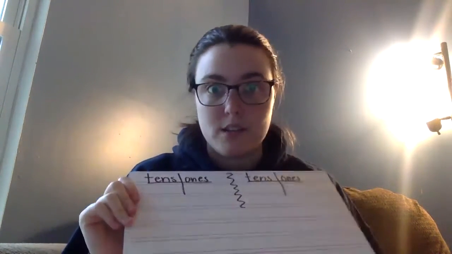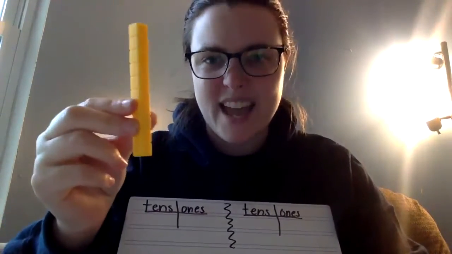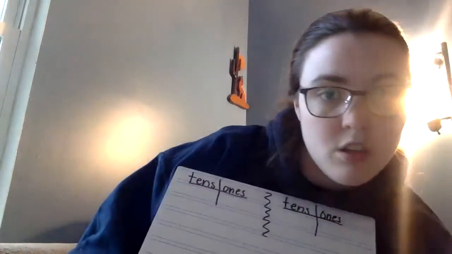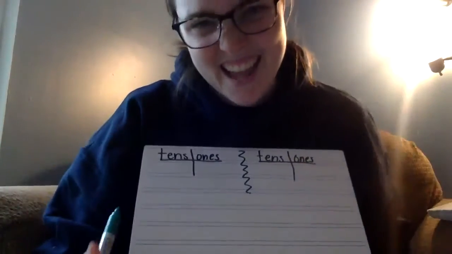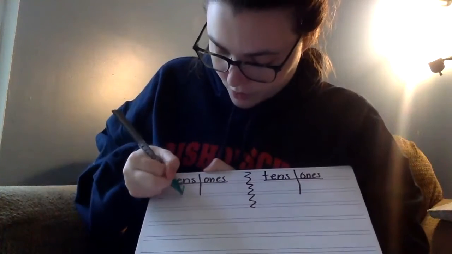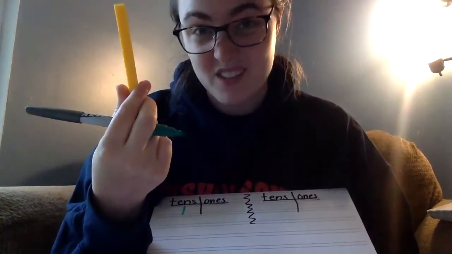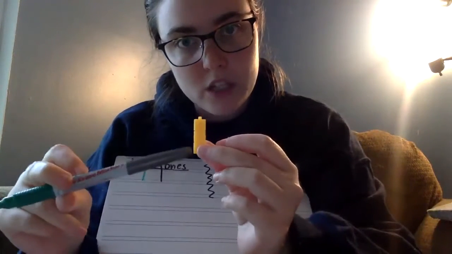Now we're going to do this together on the whiteboard so we can see it played out. The one we just did, we had how many tens? Good, we had 1. So under where it says tens, T-E-N-S, I'm going to write the number 1 because I only had one of these. And then I'm going to count how many of the ones cubes that I put together.